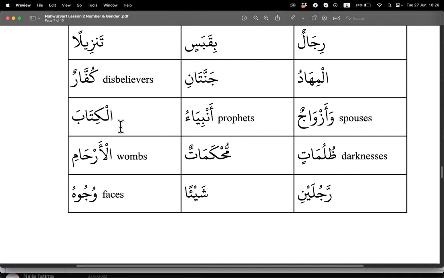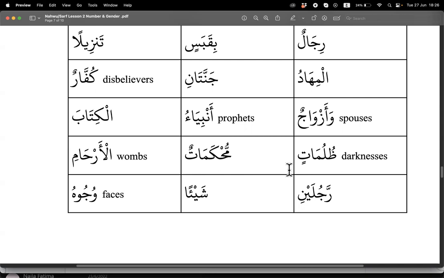Next one, al-kitabah. Status is nasab, singular. Yes, good. Zulumatin.